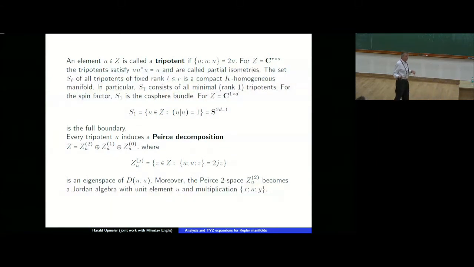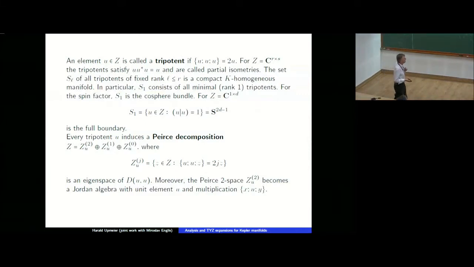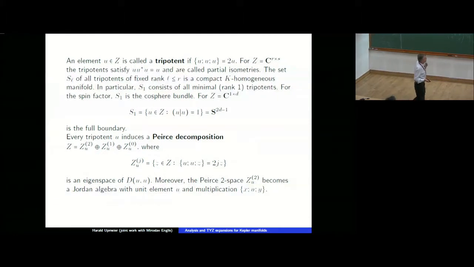Then a triple projection, or as one says, a tripotent, is an element satisfying the triple power of u equal to 2u. The 2 is only because I do not divide by half. I could divide by 2, then it would be the usual triple power. So for example, for matrices, this means that u star u is equal to u.